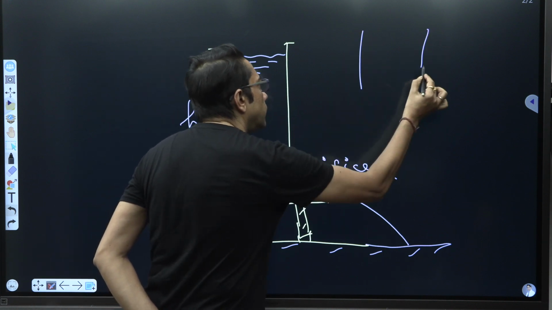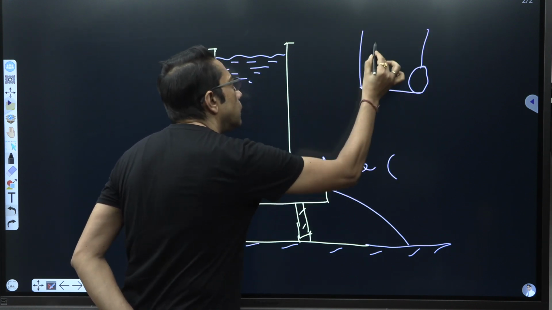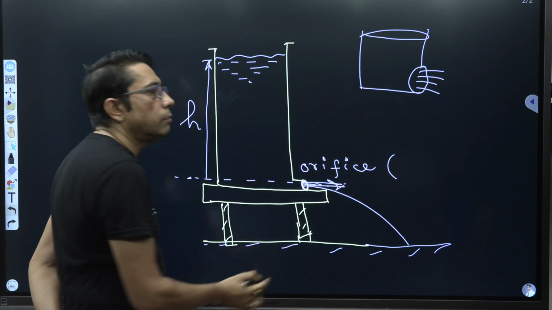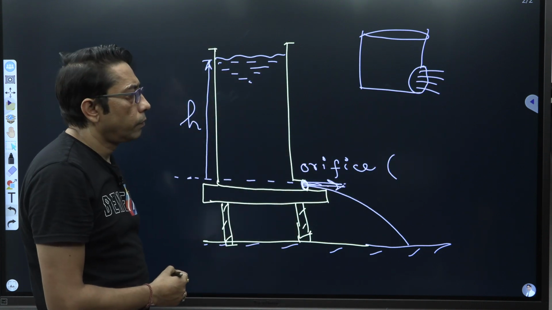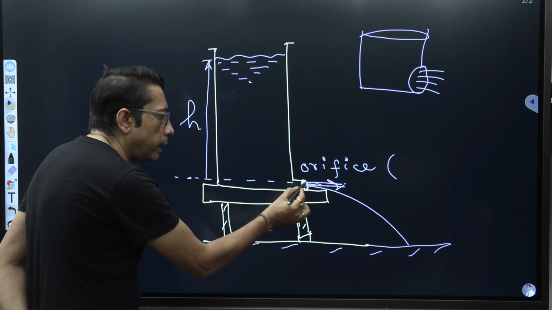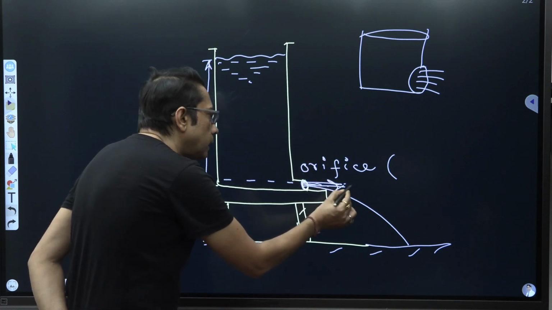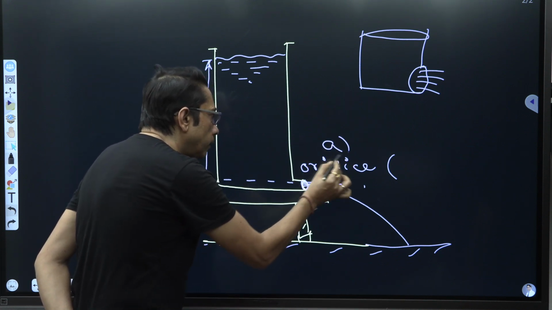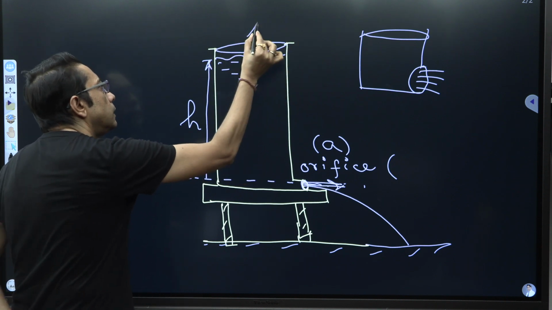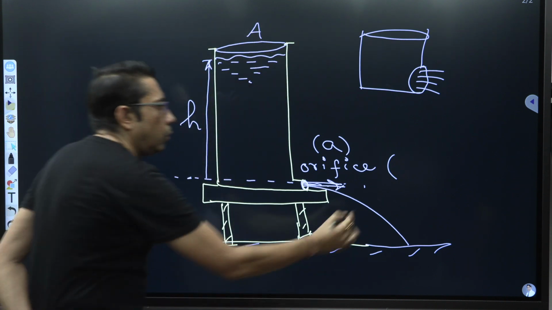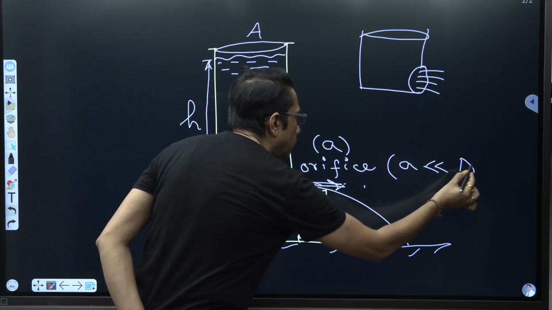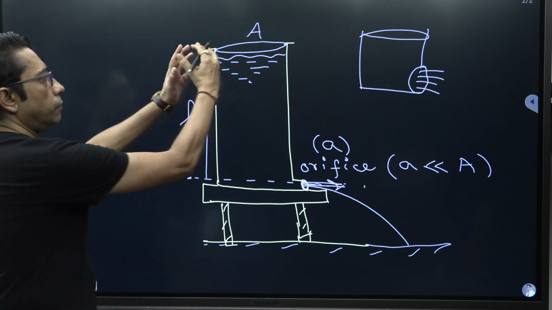So if this is a container and this is the hole made at the bottom, so this opening through which liquid comes out is called an orifice? No. If the orifice, that is the hole made at the bottom, has an area small a and the container has an area capital A, and only if this area of the orifice is very, very small compared to the area of the container.